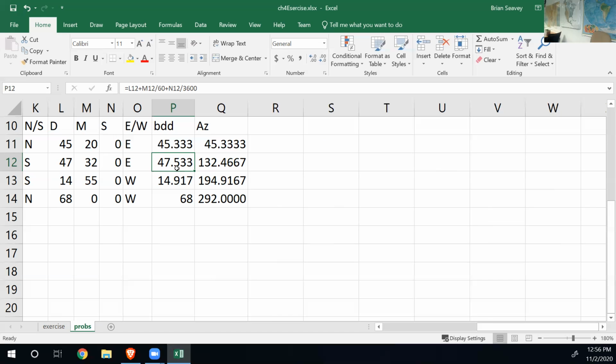Okay, so the if statement breaks it up into north and south, and then each north and south section is broken up into east and west. Okay, do we need to see the azimuth formula again?